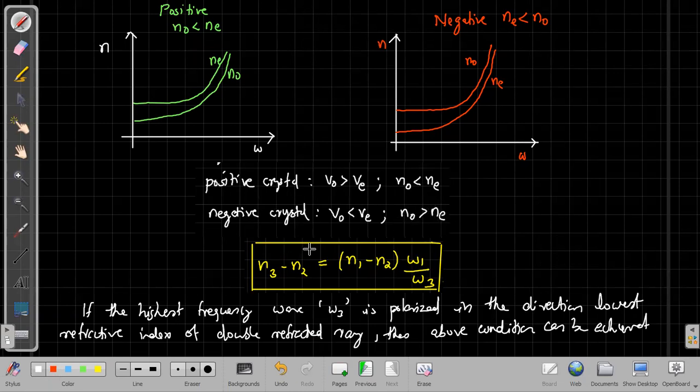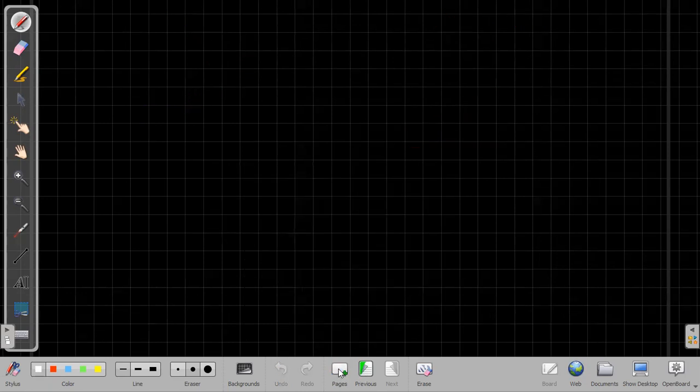Now, in order to achieve this condition, there are two different ways, and these are called type 1 and type 2 phase matching. First, we can discuss type 1 phase matching.